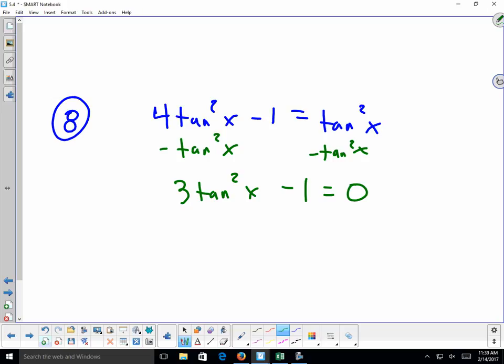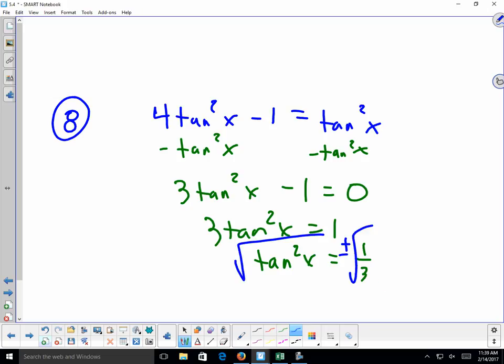Add 1, divide by 3. And doesn't this look like it's the same problem? Yes. Is this going to be the same answers? I believe so. I don't think there's any difference in your solutions. I would say you take the square root, plus or minus. I'll say C number 7, right?